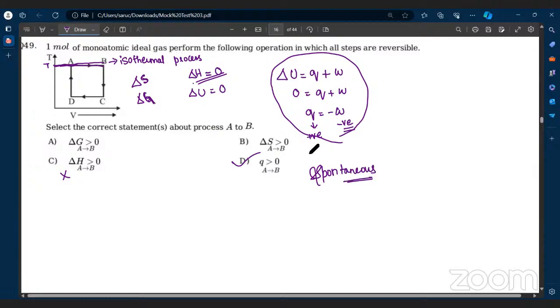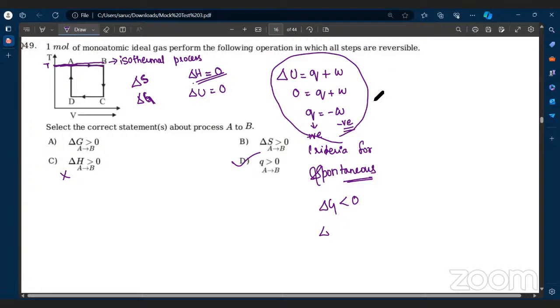What is the criteria for spontaneity? For a reaction to occur automatically, delta G must be negative, and delta S should be positive.